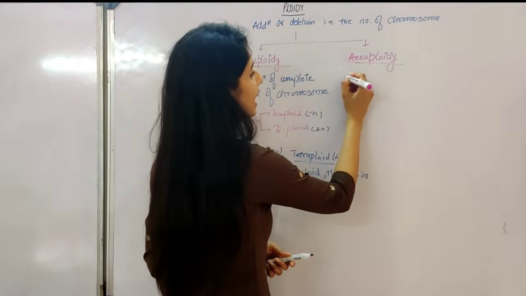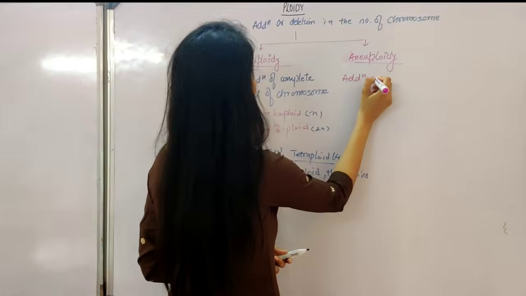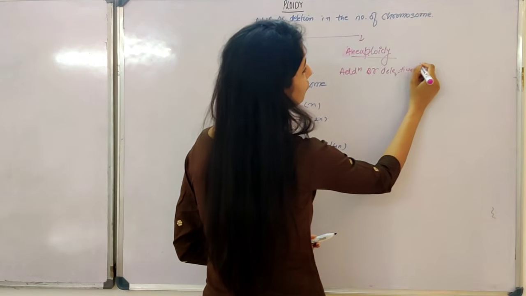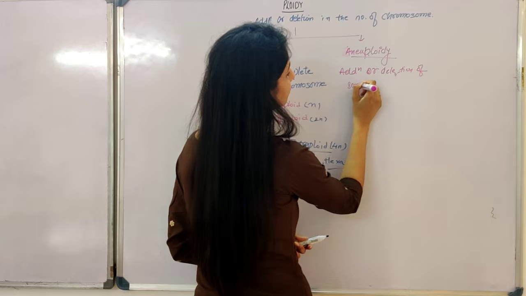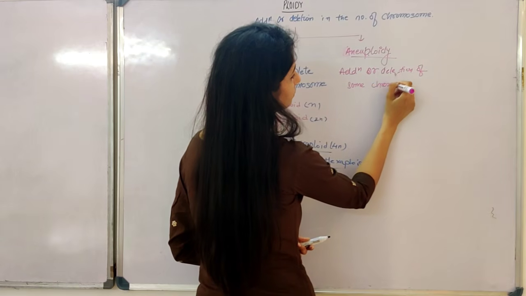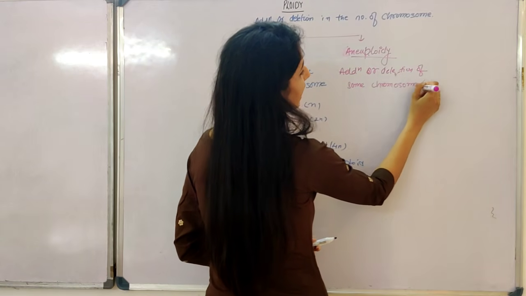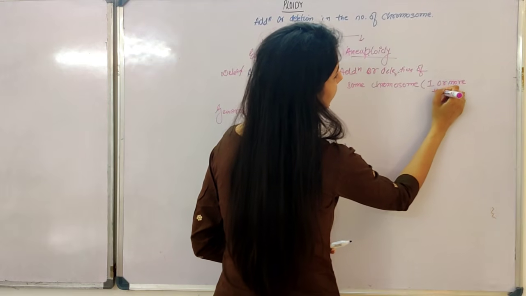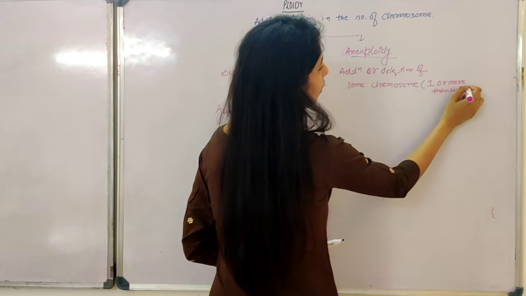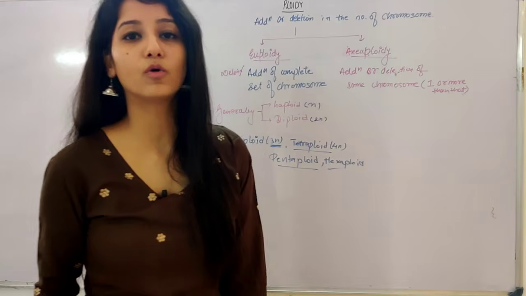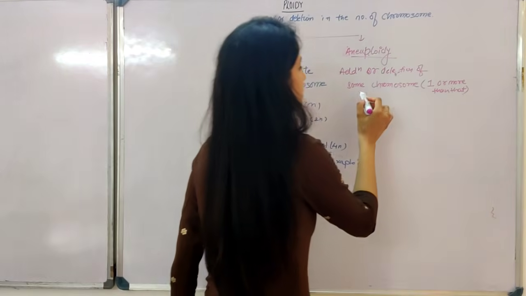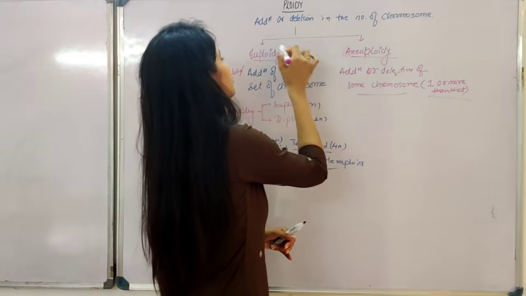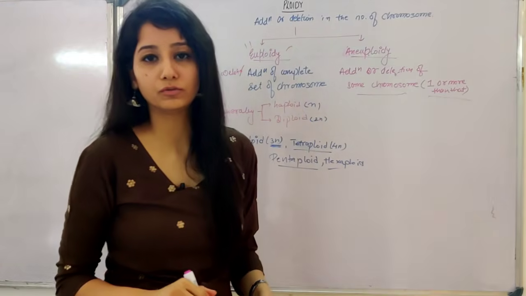So in this, addition or deletion of some chromosomes will occur. It can be one or it can be more than that. So this is aneuploidy. Now let's first see the details of euploidy, then we'll jump to aneuploidy.